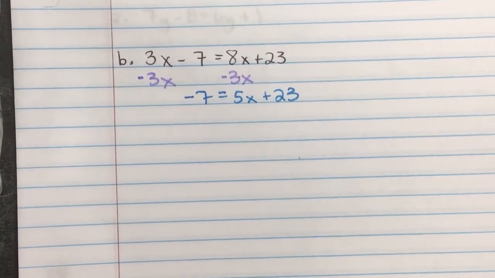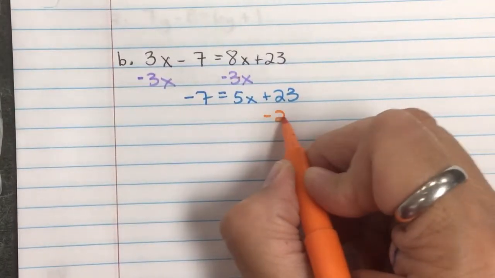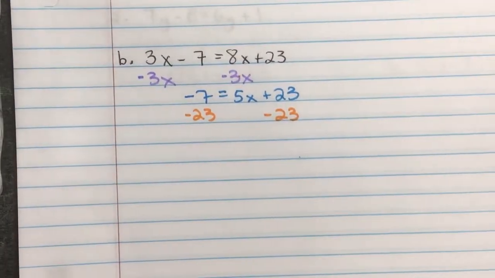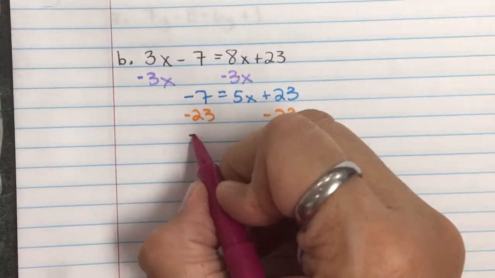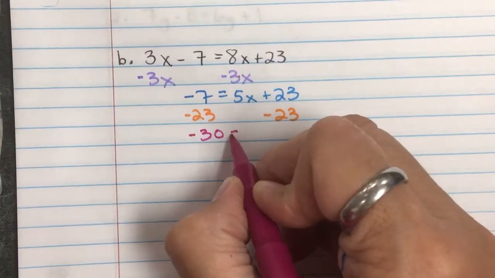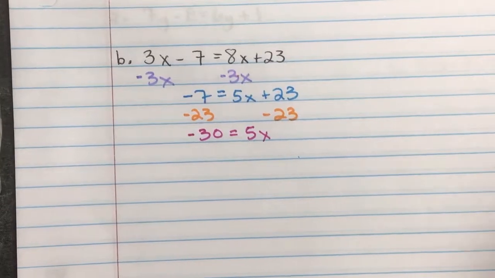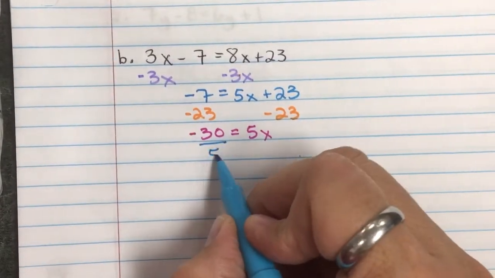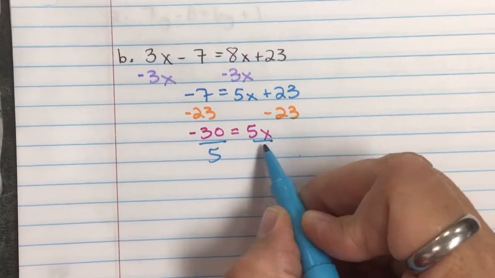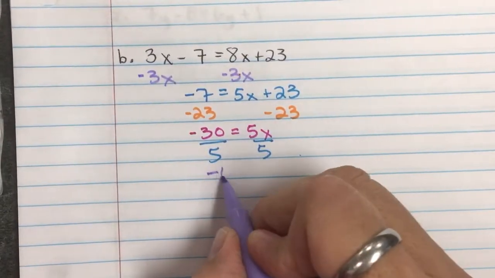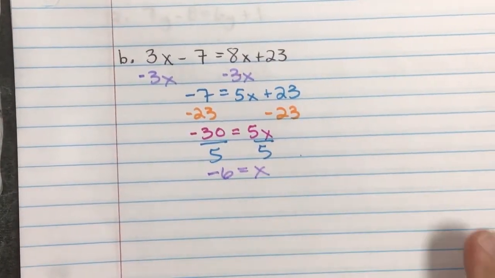Then I do as I've always done, and I subtract the 23 from both sides. And after I do that, I get negative 30 equals 5x. I divide both sides by 5, and I get an answer of negative 6 is equal to x.